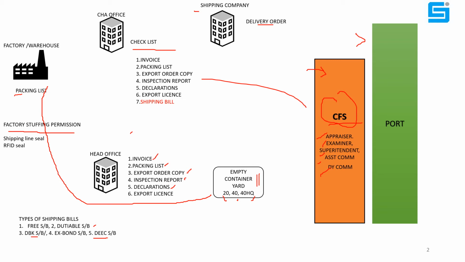If there is any query, they will raise the query and send it back to the CHA. The CHA has to reply to the query raised by the customs officer. If he is not able to understand the query, he takes the help of the exporter. If it is a technical matter regarding the product, the CHA is not technical; he knows only the customs procedure.